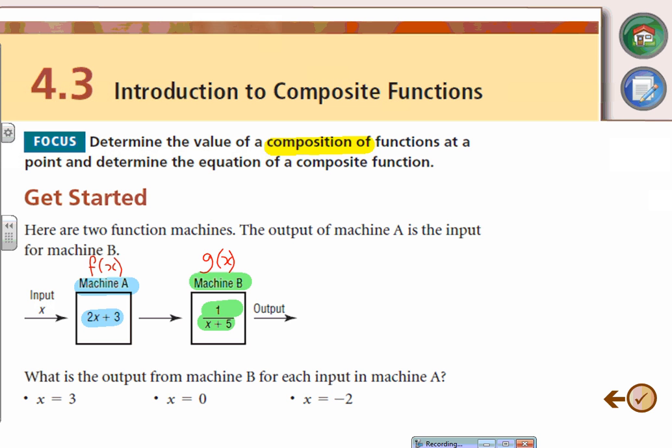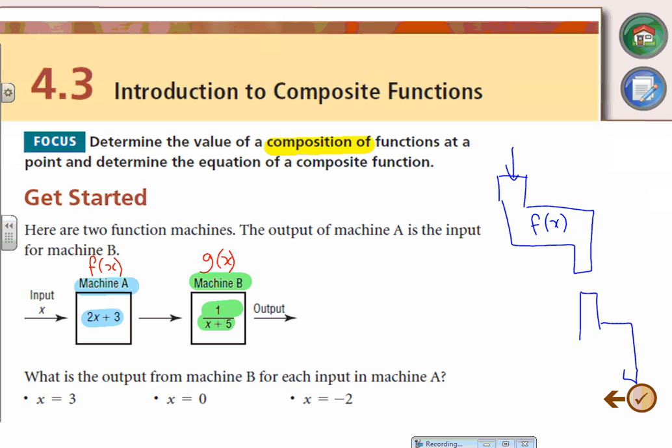I like to think of a composition as kind of like this here. I'll do another quick drawing for you. So we've got the first machine, and let's say you've got a hunk of steak. And you take that steak and you throw it into a meat grinder.